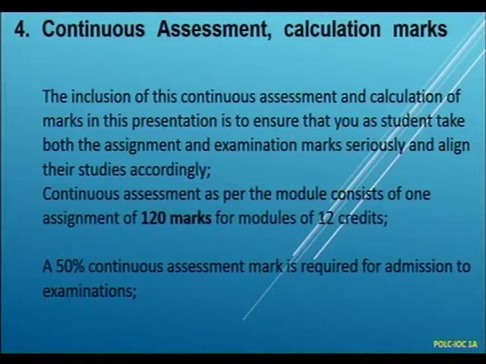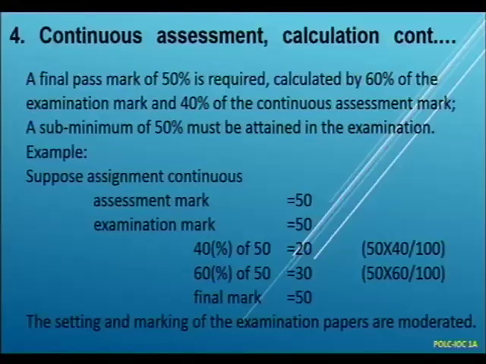A 50% continuous assessment mark is required for admission to examination, so you need to obtain at least 50% in your assignment in order to qualify for your examination. A final pass mark of 50% is required, calculated by 60% of the examination mark and 40% of the continuous assessment mark. A sub-minimum of 50% must be attained in the examination.